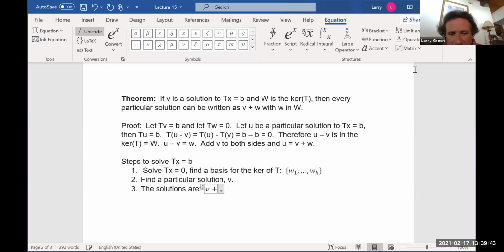V plus C1 W1, plus C2 W2, plus dot dot dot, plus CK WK.